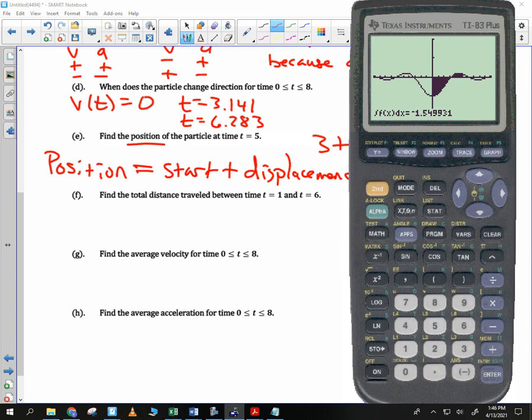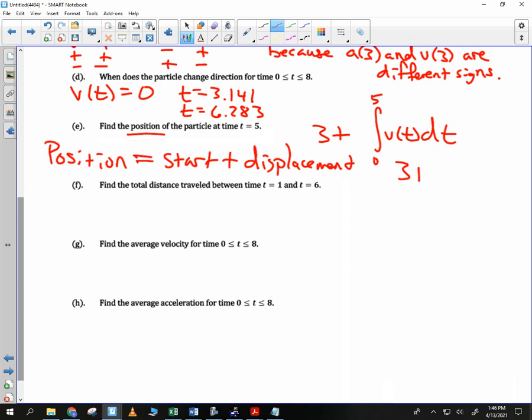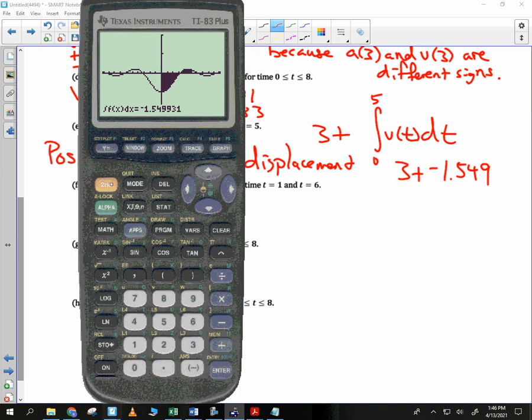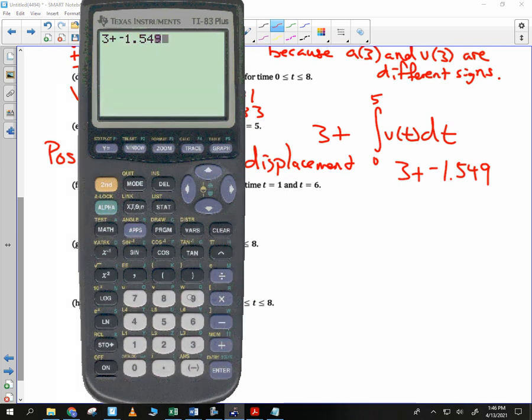And you can see I get negative 1.549. Add those together. 3 plus negative 1.549. And we get 1.451. That's its current location.